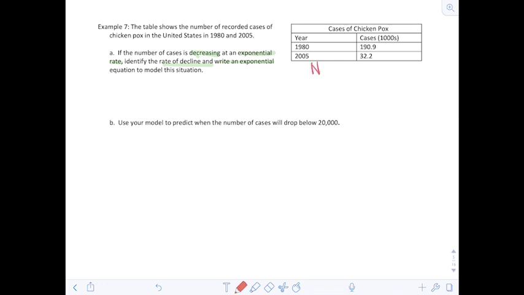So here's our algorithm. N equals N sub 0 times 1 plus r to the t power. As we try to look at this table and talk about some variables, we actually know that we're going to need to look for the rate of decline. That's R. So R is the first thing we don't know. Let's see if we can plug in all the other things.